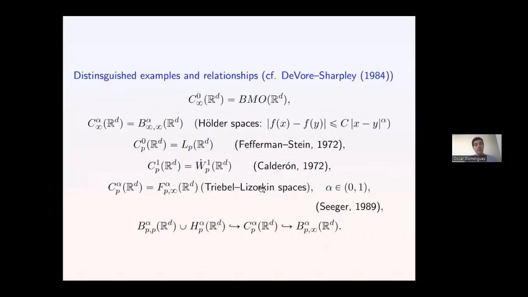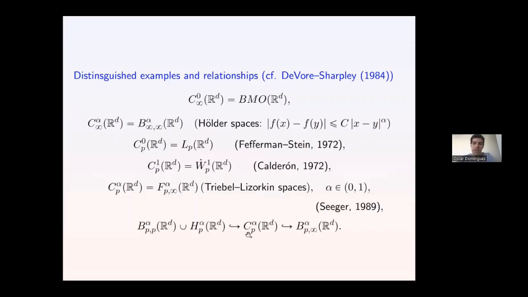Let me mention that this scale of function spaces contains many distinguished examples of classical function spaces. Without further details, let me say that BMO, Hölder spaces, L^p, standard Sobolev spaces, or Triebel-Lizorkin spaces are special cases of Calderón-Campanato spaces.